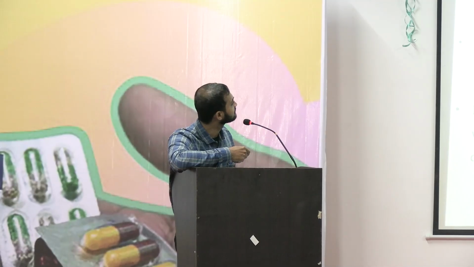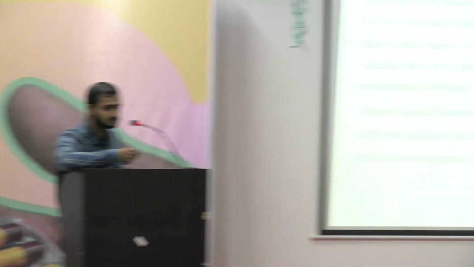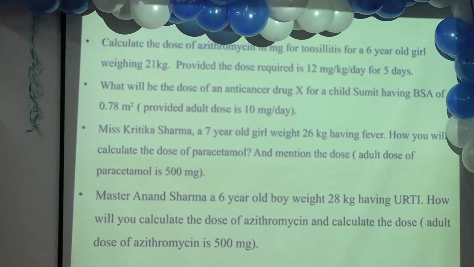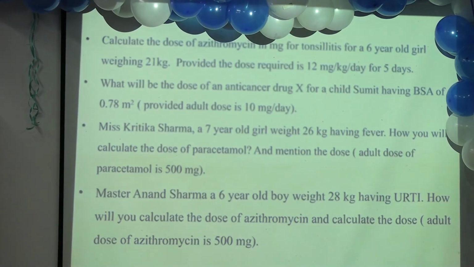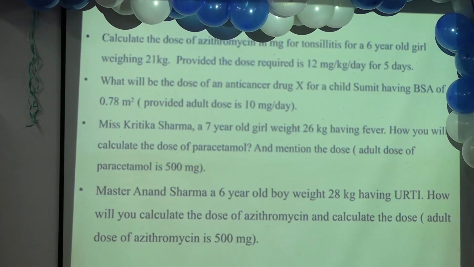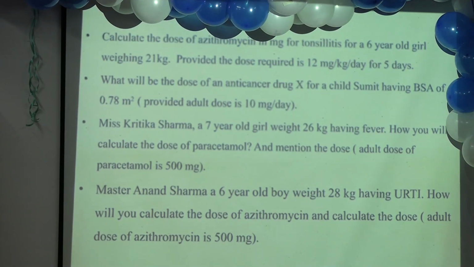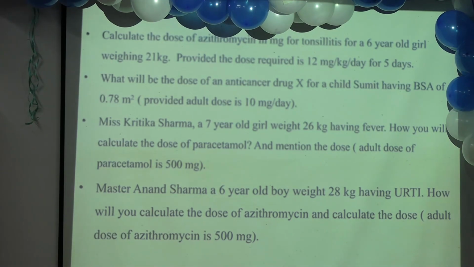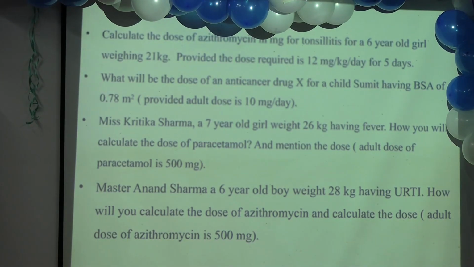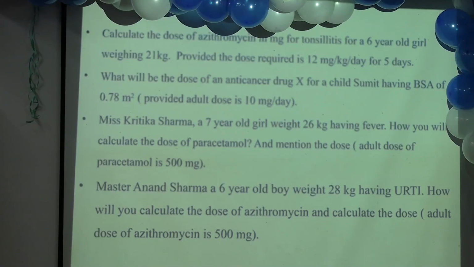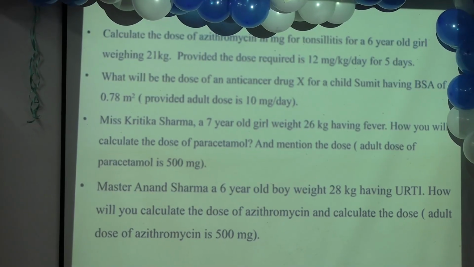The weight has been already given. For this adult dose calculation, you are using that weight. Not this one. Adult dose. Without putting the adult dose, how will you calculate? For that adult dose calculation, we have to take the normal healthy individual weight. What is that? 70. The dose has been given. For azithromycin, it is 12 milligram per kg. So simply multiply it, you will get the adult dose.